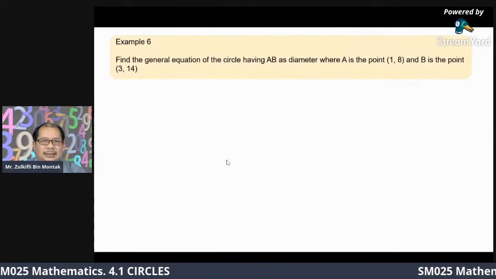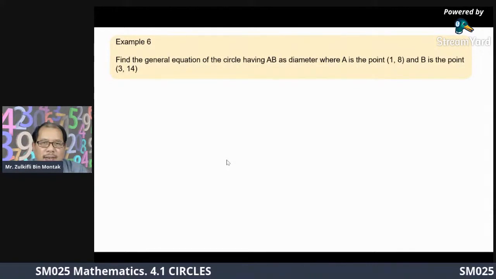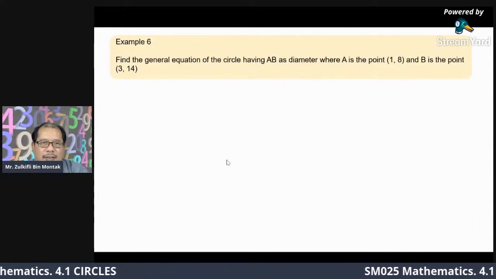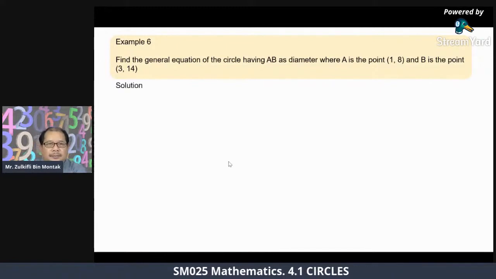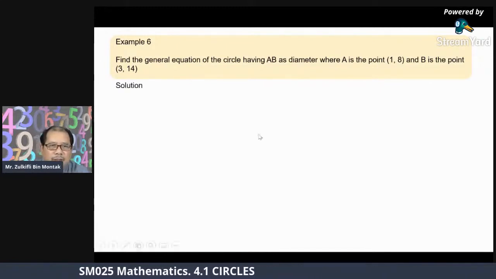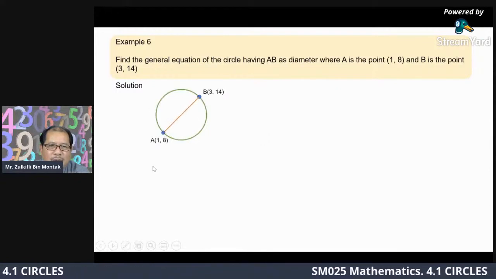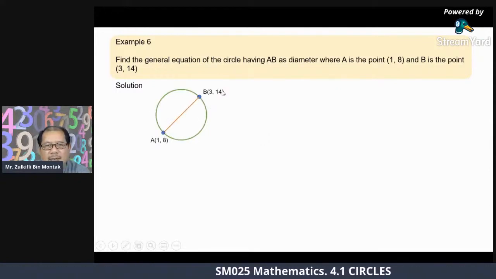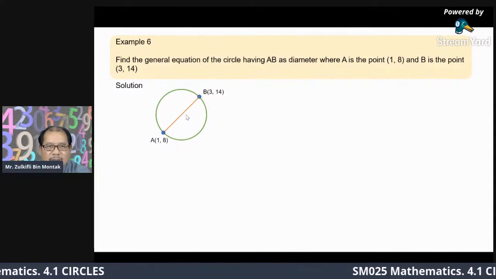Example 6: find the equation of the circle having AB as a diameter, where A is the point (1,8) and B is the point (3,14). Let's say this is point A here, (1,8), and B (3,14). The midpoint here is the center.